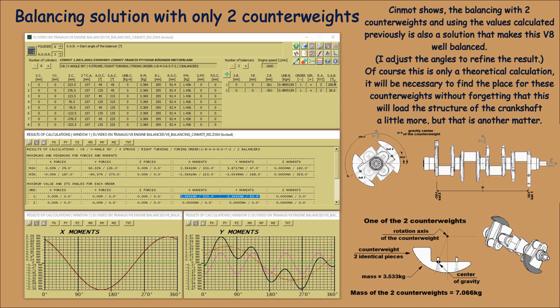Cinmot shows the balancing with 2 counterweights and using the values calculated previously is also a solution that makes this V8 well balanced. I adjust the angles to refine the result. Of course, this is only a theoretical calculation. It will be necessary to find the place for these counterweights without forgetting that this will load the structure of the crankshaft a little more, but that is another matter.